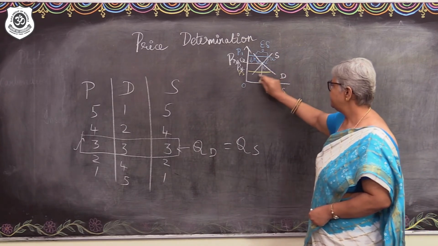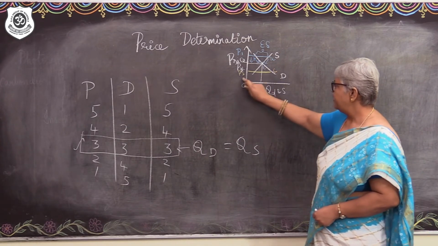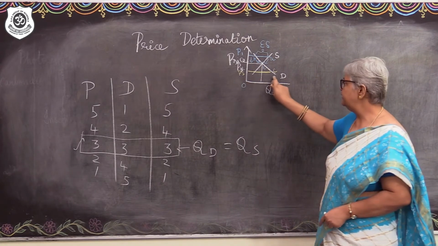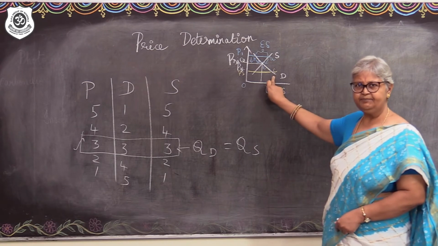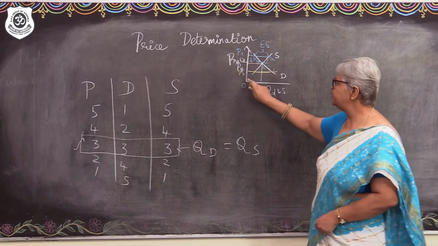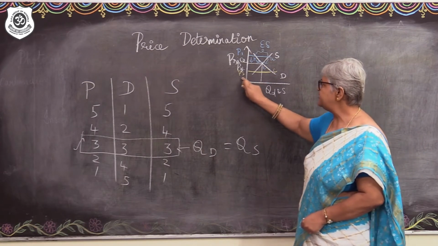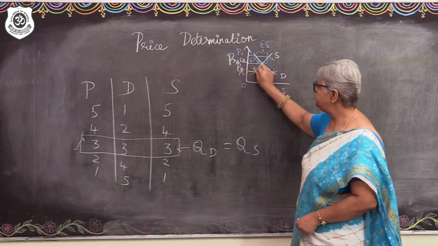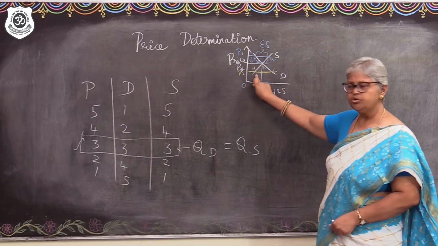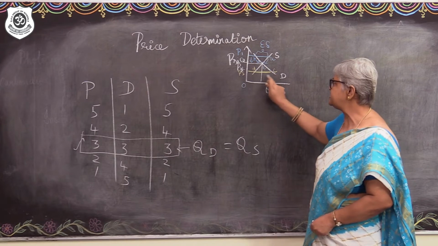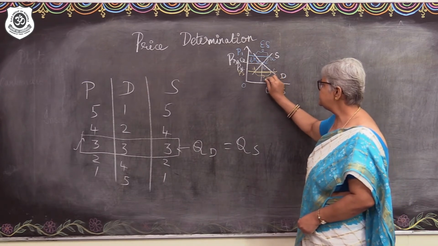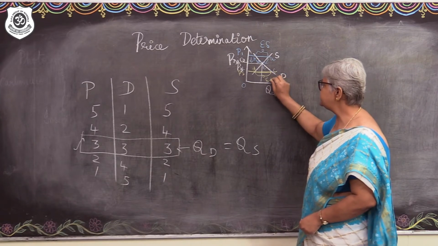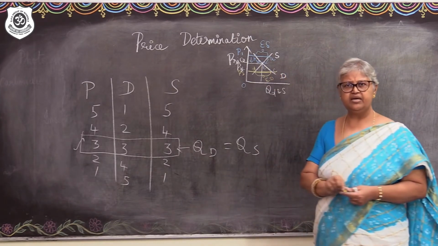Let us see over here at P2, the demand is probably P2C, right? What about the supply? The supply is P2D. Fine. So to this extent CD, there is going to be an excess demand in the market.